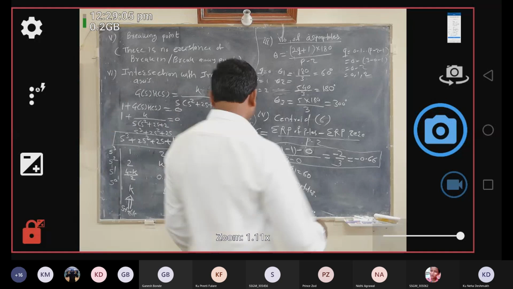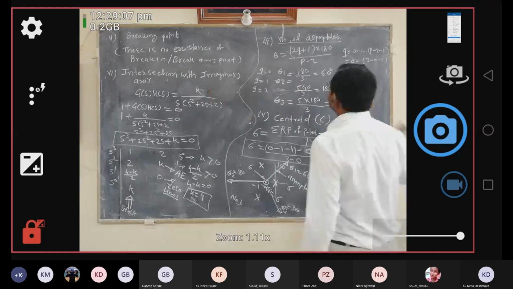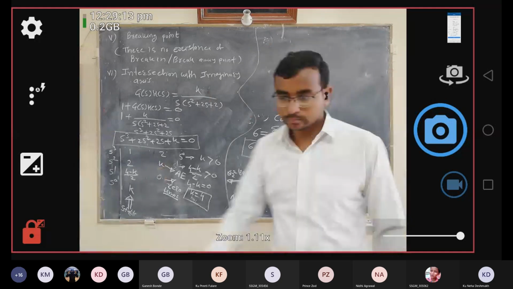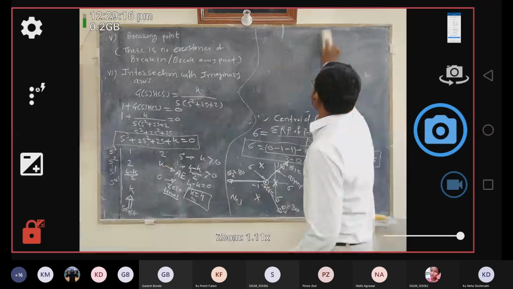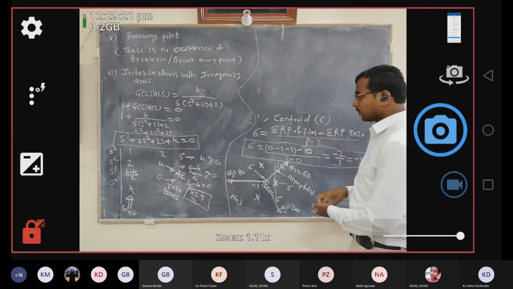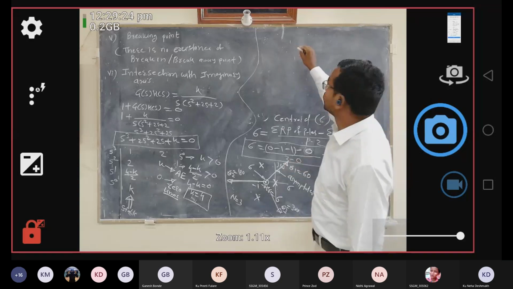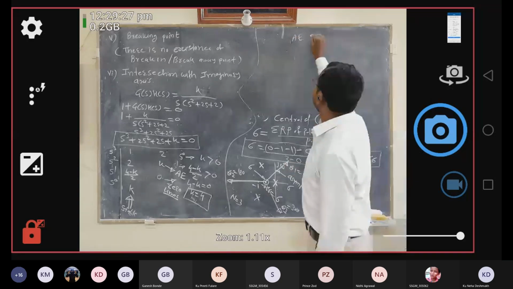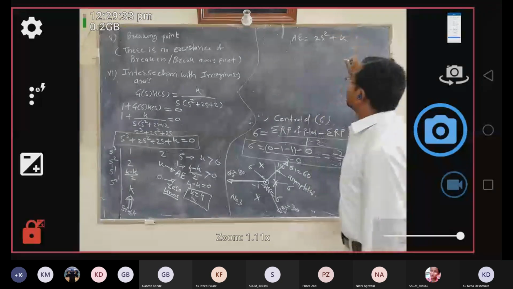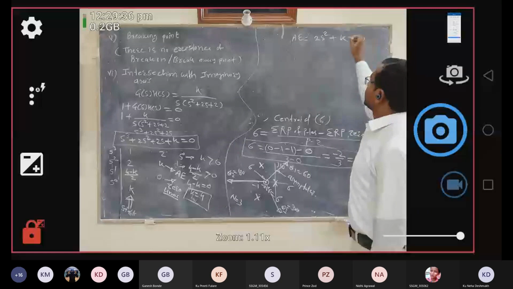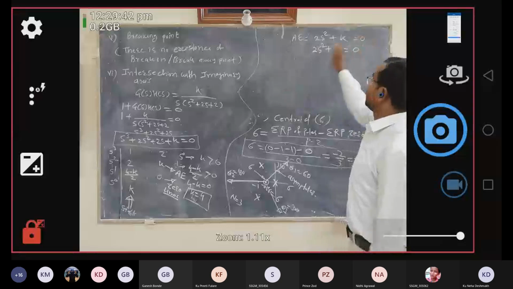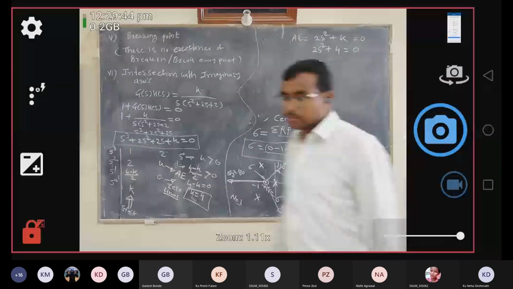Then to write down the auxiliary equation, it will be given by 2s square plus K, which is equal to 0. So substitute the value of K marginal: 2s square plus 4, which is equal to 0. So find the roots of this equation. So tell me the roots.